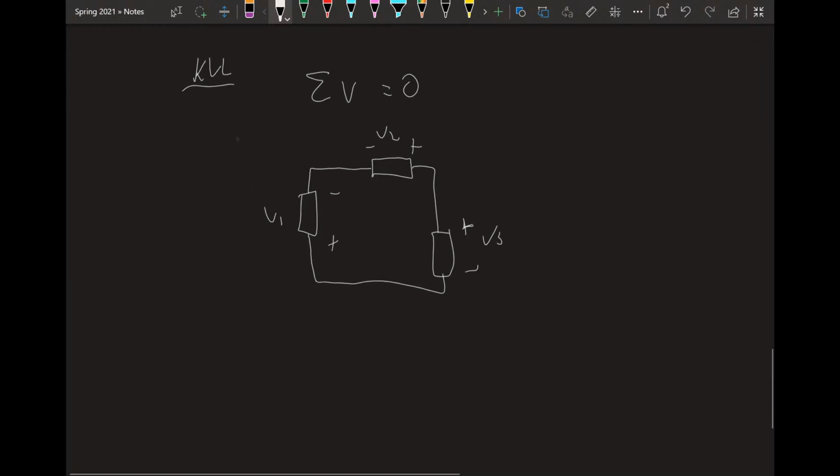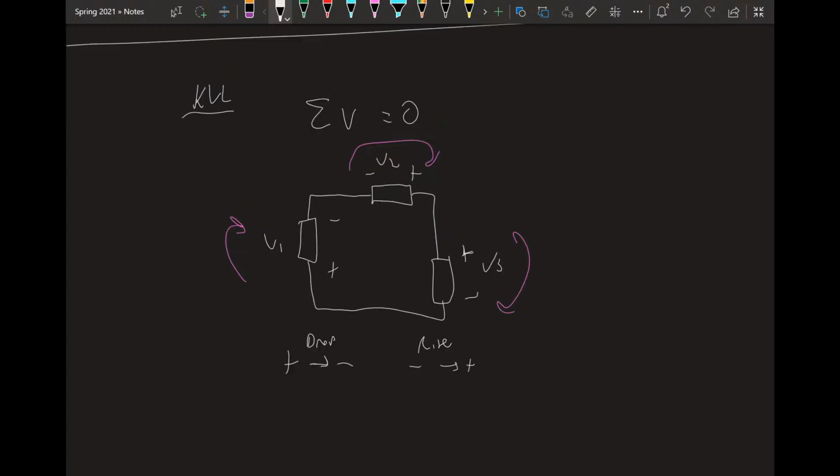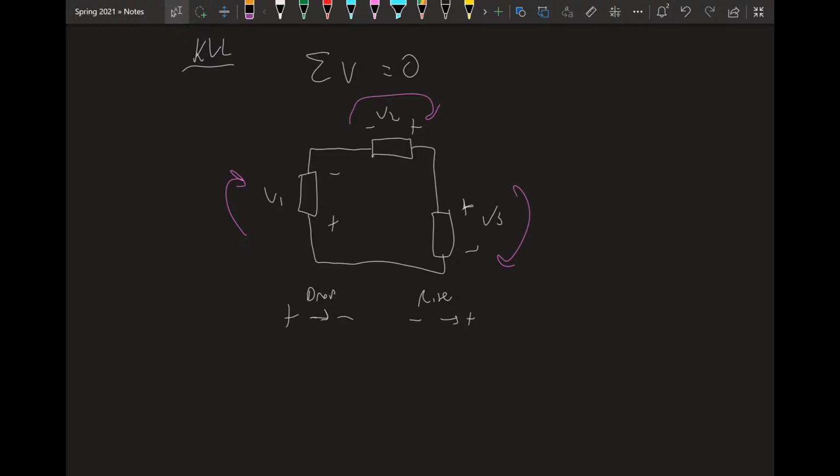If we want to write a KVL expression for this, we need to first assign a convention. There are two ways to do this. I'm going to start from here and go here, so I'm going to be causing drops like this. You'll either see going from a plus to a minus a voltage drop, or going from a minus to a plus a voltage rise. One of them has to be positive and one of them has to be negative. You can do whatever you want as long as you stay consistent. I'm going to say that these drops are positive and these rises are negative.